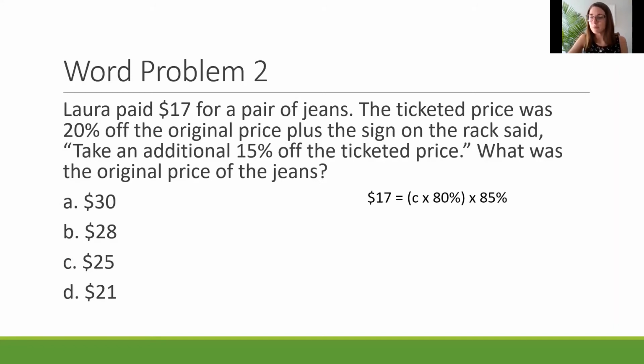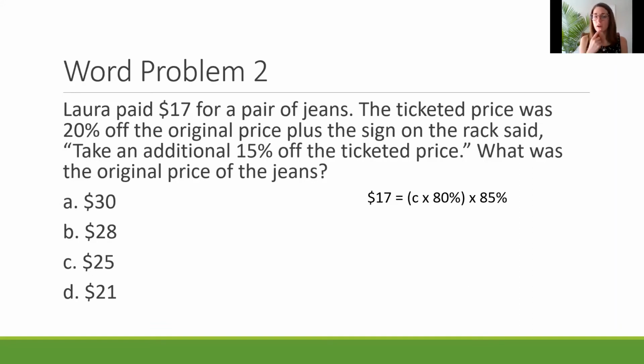Now, what I've done is I've put this together in an equation. I said, here's what I know. I know that to get to $17, which is the answer that I have right now, we had to take that original cost, the original price, which I put down as C here, C for cost, and then I had to pay some portion of that.